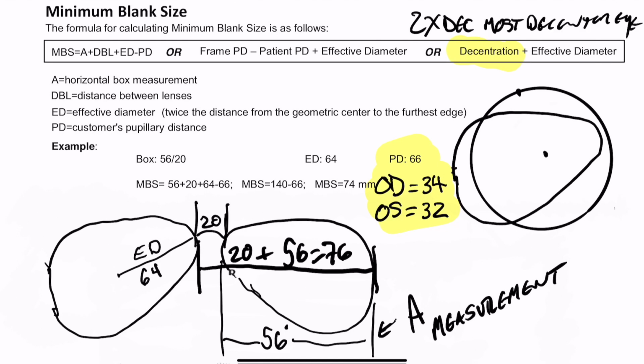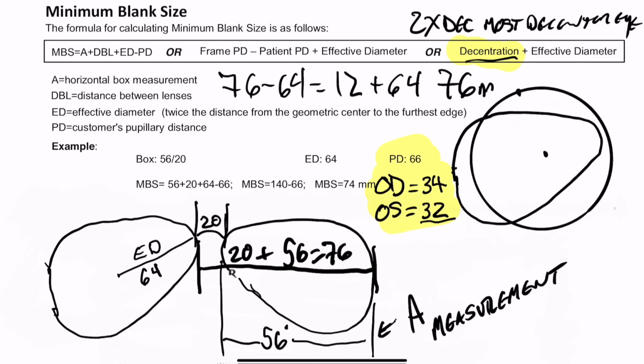So in our particular case, this would be a PD of 64 total, subtracted from 76. So 76 minus 64 equals 12 is our total decentration. And we add that to the effective diameter of 64, we now have a minimum blank size of 76 millimeters.